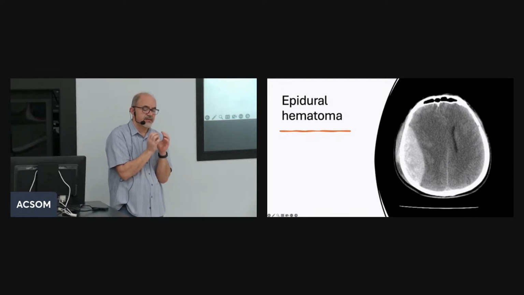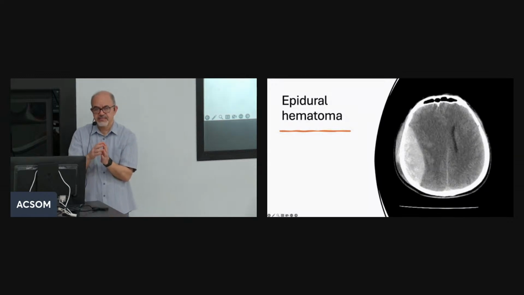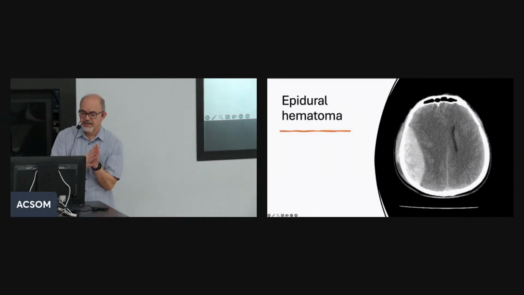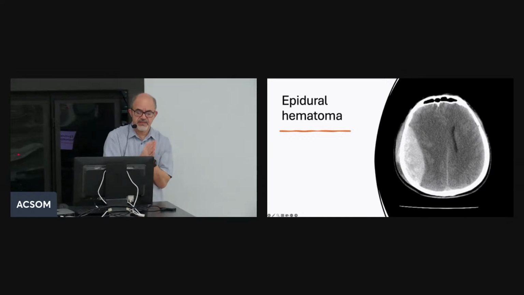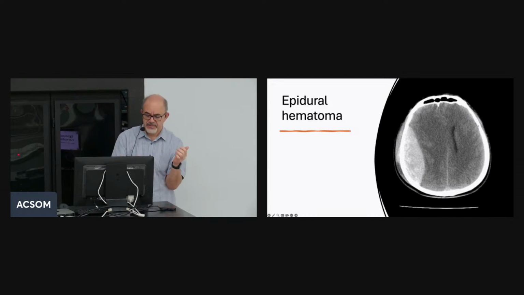The arterial bleed pushes the dura down, and then you have this kind of concave formation of blood that's called epidural hematoma. So epidural hematoma most of the time is arterial bleed and can accumulate, can become bigger very, very fast. Subdural is usually from veins and causes that crescent shape hematoma.